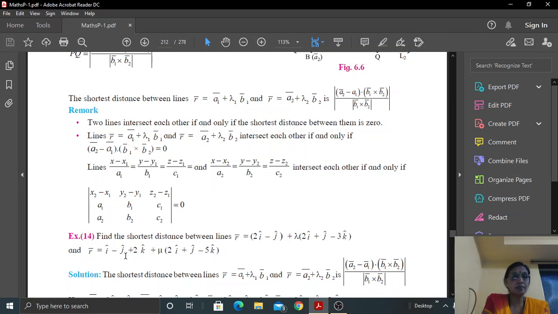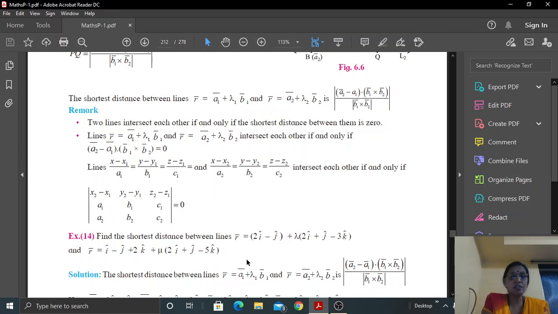First one, find the shortest distance between the lines r bar equal to 2i cap minus j cap plus lambda into (2i cap plus j cap minus 3k cap) and r bar equal to i cap minus j cap plus 2k cap plus mu into (2i cap plus j cap minus 5k cap).